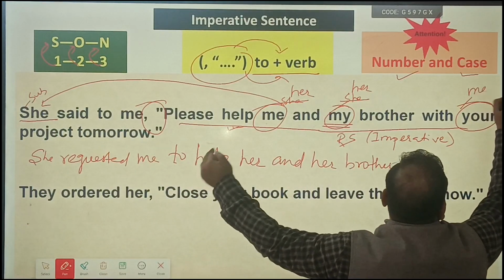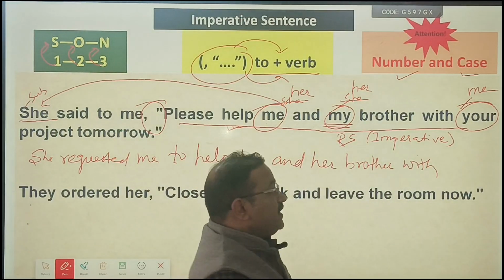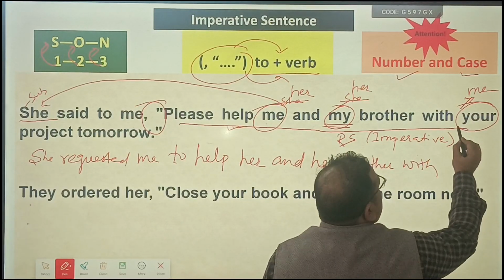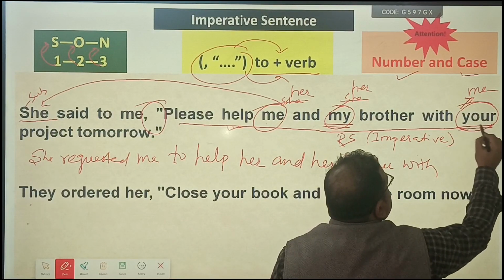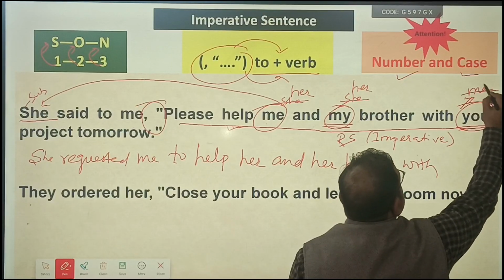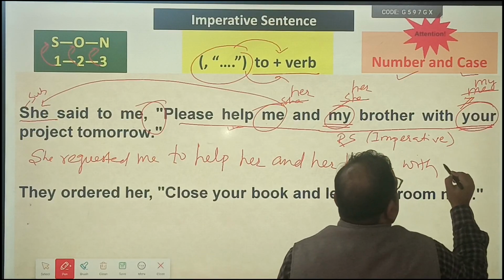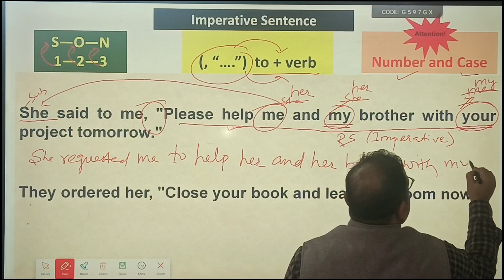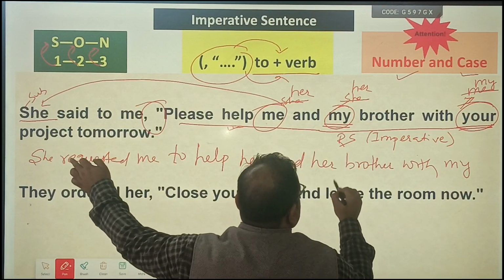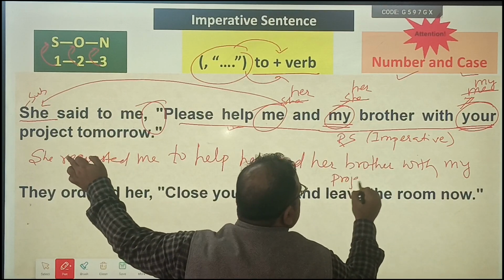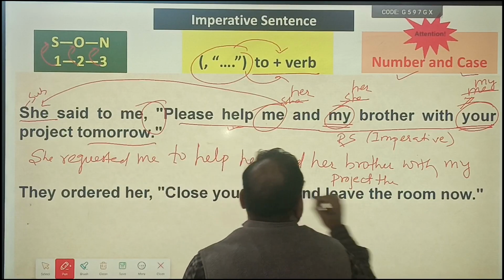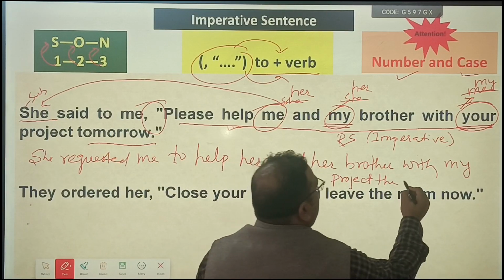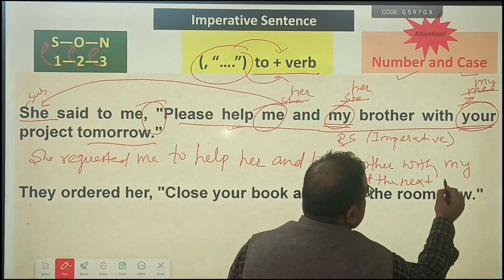Object is what? Me here. Now, check number, singular, singular. Now, case. This is possessive case. So, possessive case of me is what? My. With my project, the tomorrow is a time reference will be changed into what? The next day.